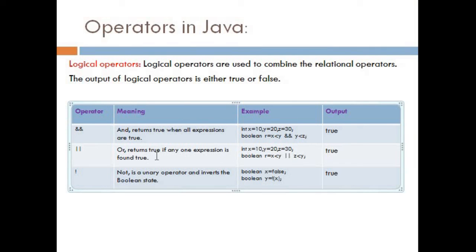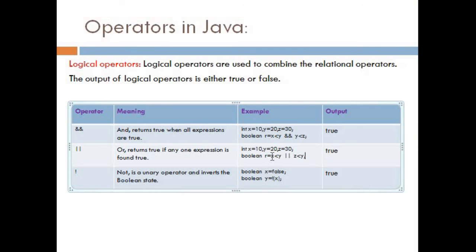The OR operator shall return true if any one of the expressions is found to be true. In case you find any one of these expressions, that is x less than y or z less than y, to be true, then this OR operator shall also return true. Now let's find it out.